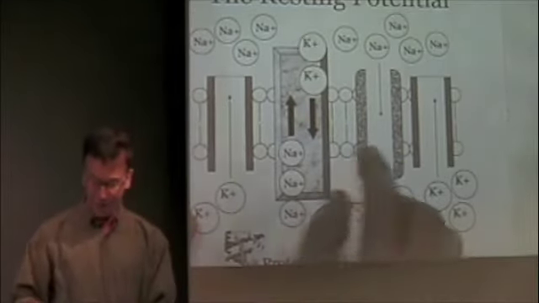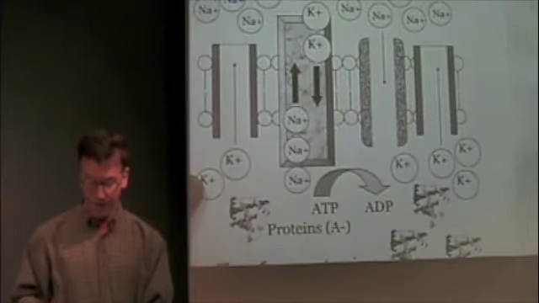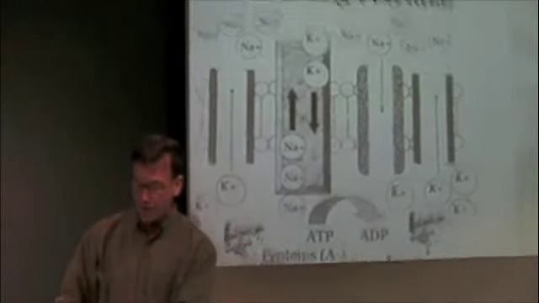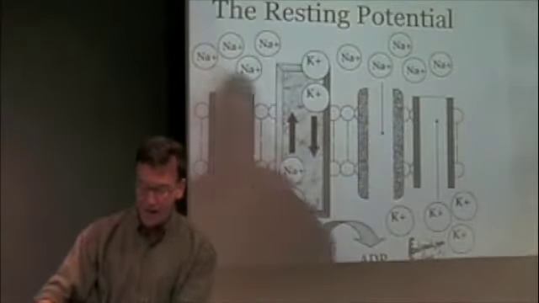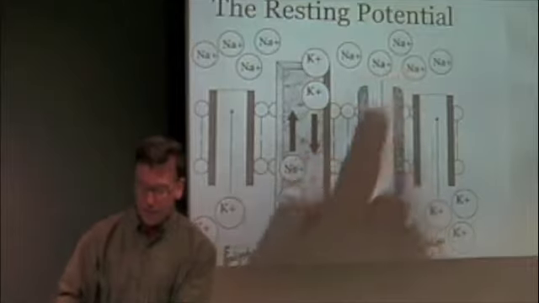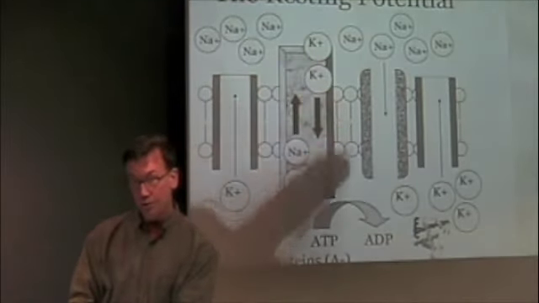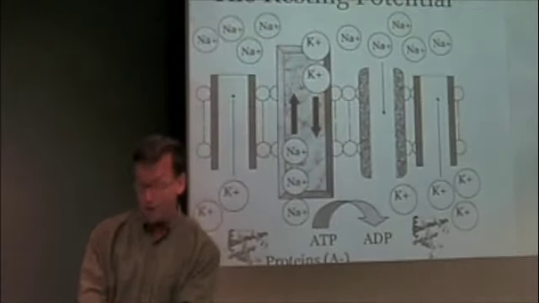So these are two forces, electrical force and concentration gradient force, that are acting on ions and causing them to move in various directions. If you look at sodium, for example, it's in a positive area. There are more positive ions out here, because you're kicking 3 positive ions out for every 2 you bring in. That biases the outside to positive charges.